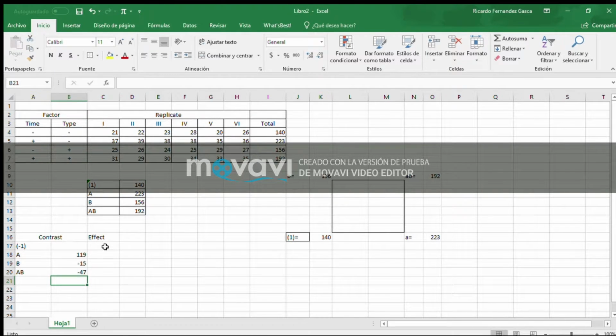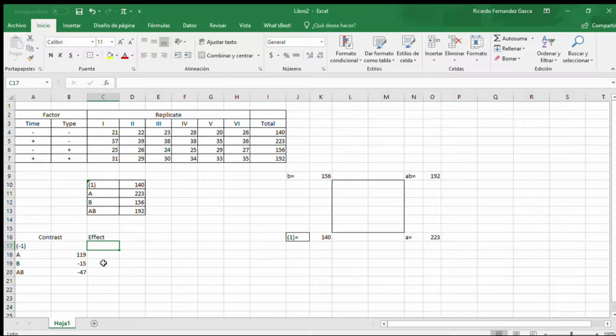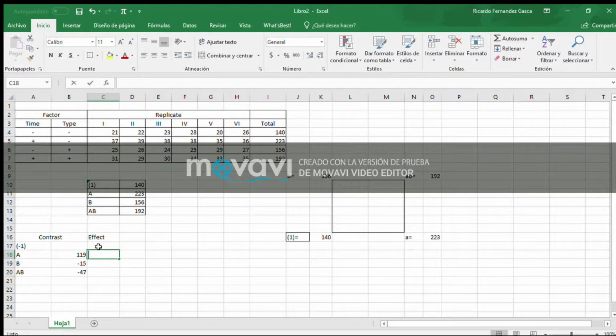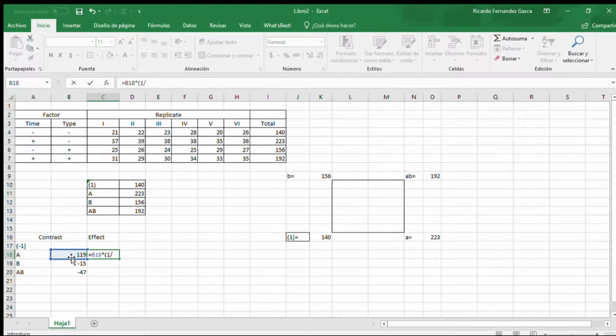So we get this, and for the effects, we have this formula: the contrast multiplied by 1 over 2 to the n. So here our n is 6, so the effects is this times a parenthesis, and we put the fraction 1 over 2 to the 6.